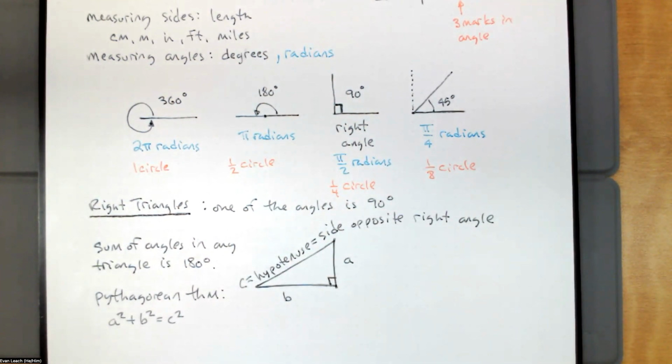So with the Pythagorean theorem in modern times, we get to use algebra. And you're like, oh, when am I going to use algebra? Every time you say a squared plus b squared equals c squared. I can assure you Pythagoras did not say it this way because he didn't have algebra.